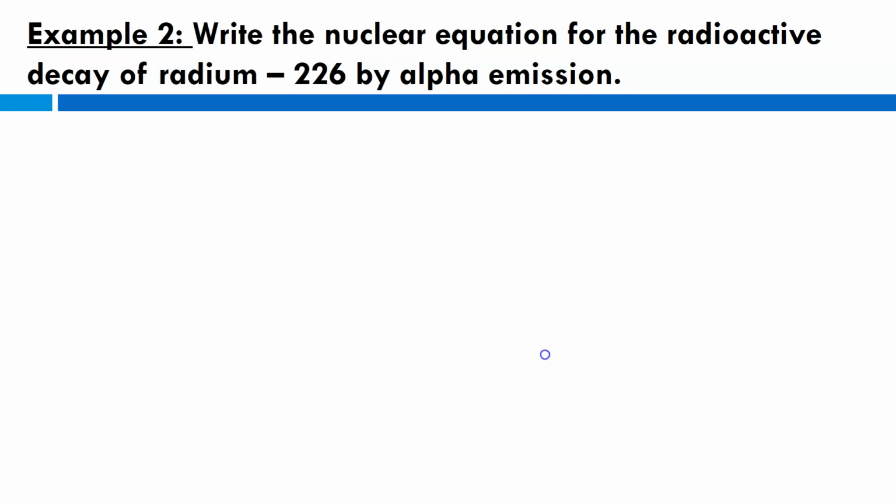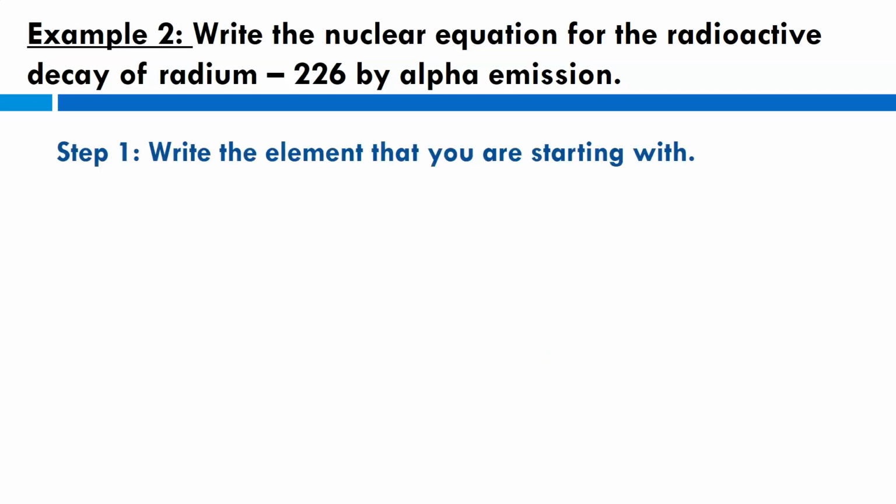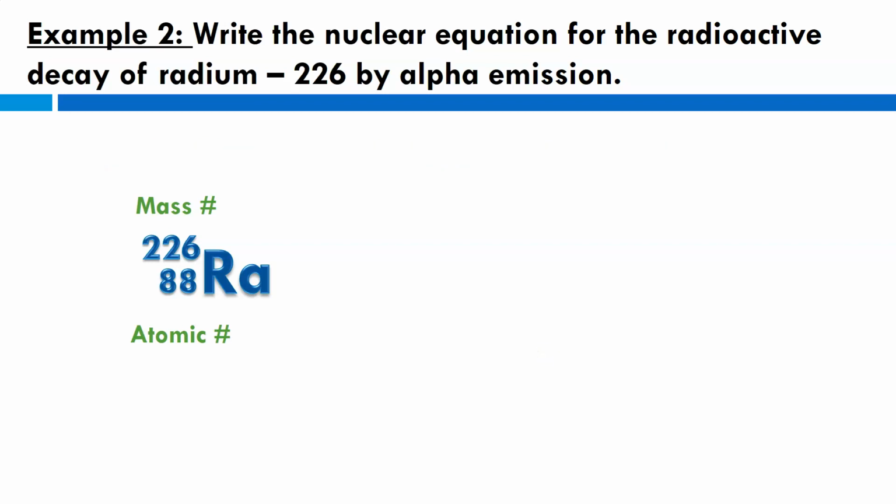All right, so step 1 was to write what we're starting with. I'm starting with radium-226. Please be careful not to mix up radium and radon. That happens a lot. Be careful. Now I'm going to put an arrow because particles are being released. It is emission. This is turning into something else. They told me an alpha particle was released.